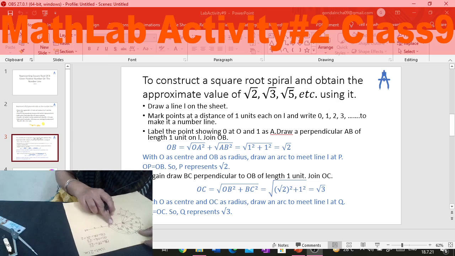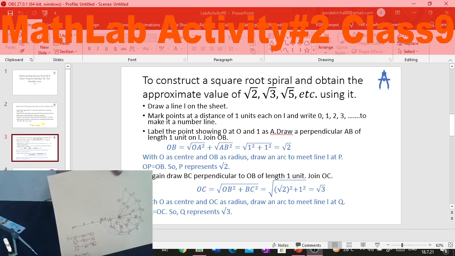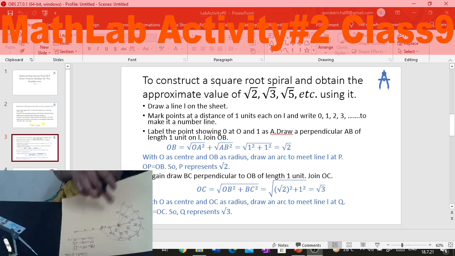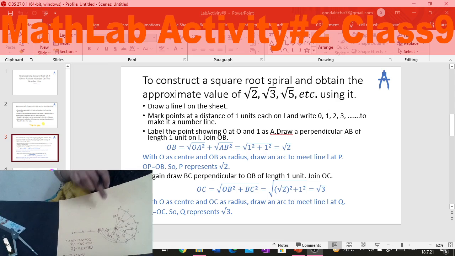So see, we have verified this, and at the end we are getting a beautiful spiral design.